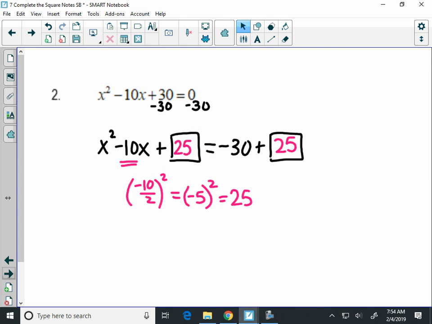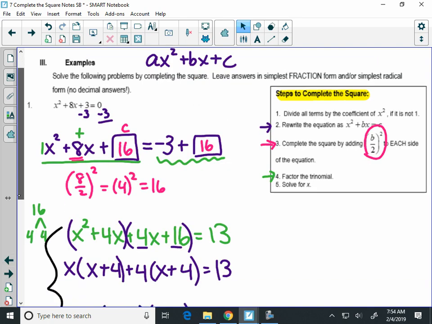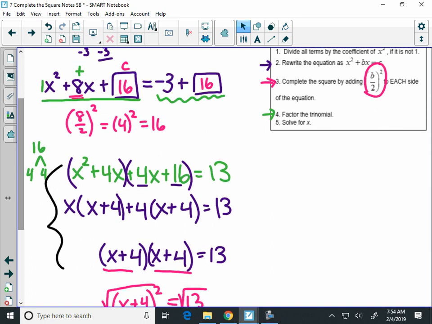Now, here's the factoring part. And I want to go back really quick to something that we should start to notice, because it's going to make the shortcut here really fast. On this last problem, when I ended up being in my factored form, notice that my factored form was x plus 4 times x plus 4.